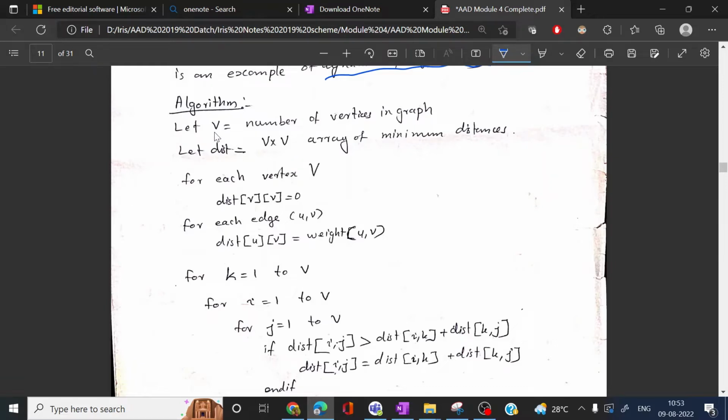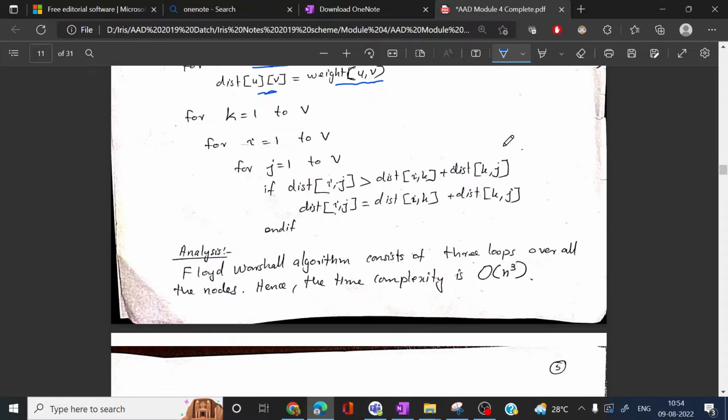Let V be the total number of vertices in the graph, and DIST is the distance matrix, an array of minimum distances. Initially, we will make all the elements 0. Then if there is a direct edge, we will keep the weight or cost of that edge in this matrix.